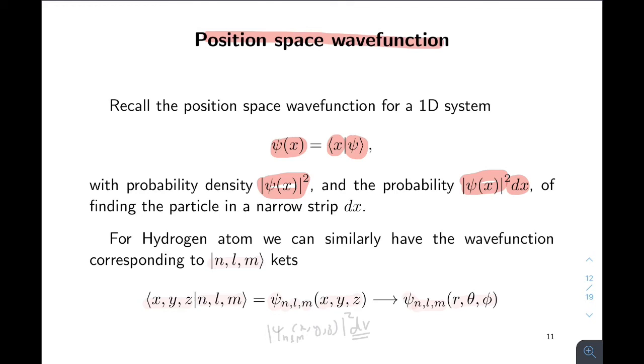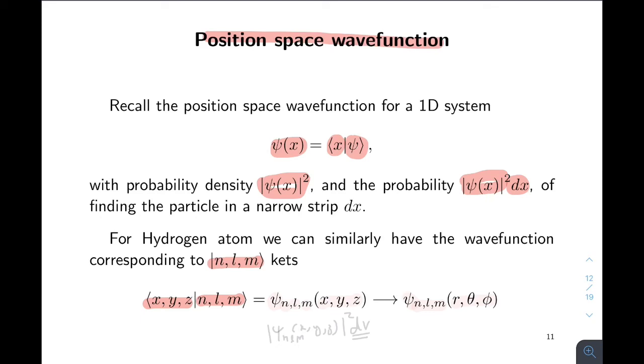So we consider the NLM vectors and take the scalar product with xyz vectors. These xyz vectors are the eigenvectors of the position operator in 3 dimensions. So in 3-dimensional space, you consider all the possible positions where a particle can be, and you associate an eigenvector with that position.